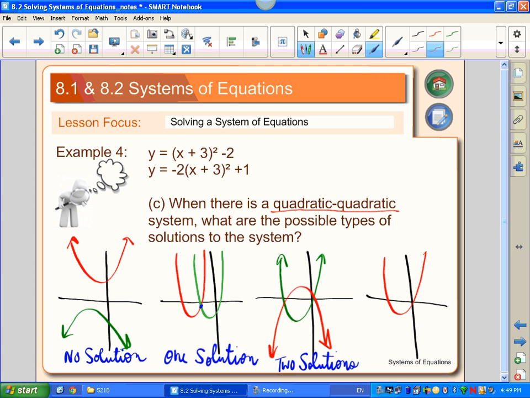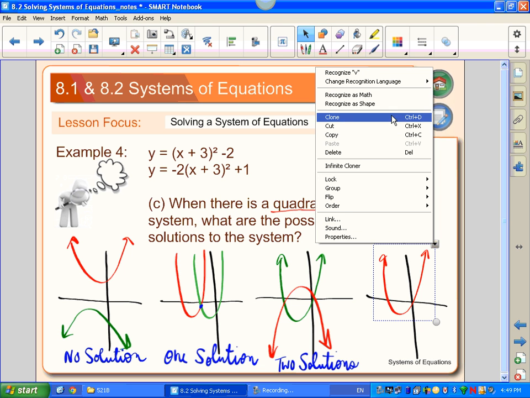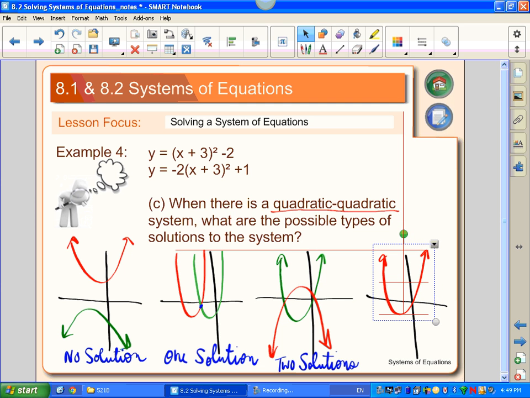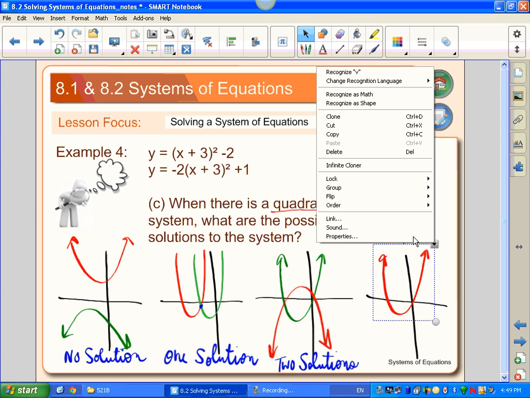So I have this parabola. And then I have a parabola that is the exact clone and right on top of it. I can show you that this one's a different one.